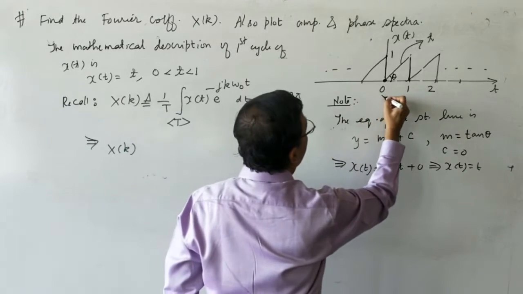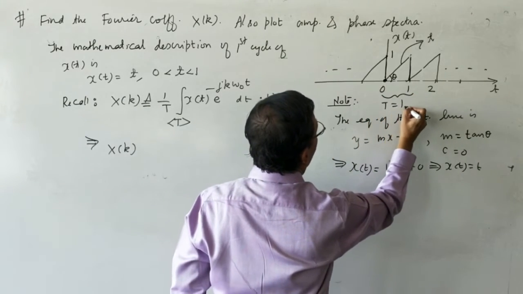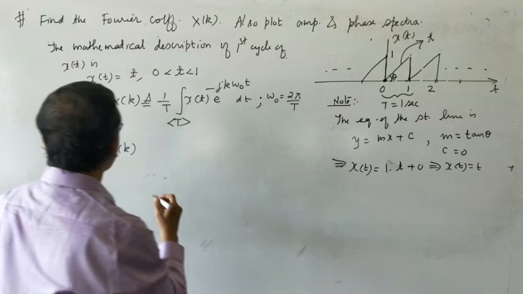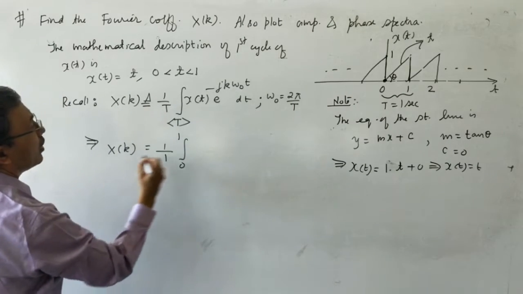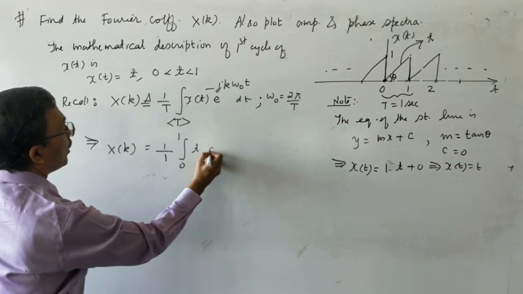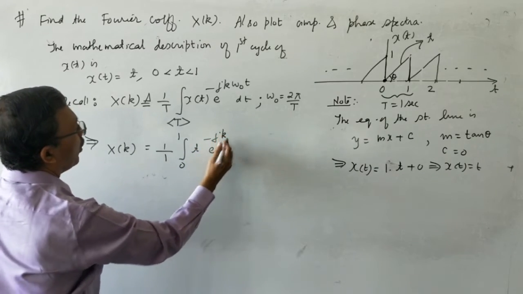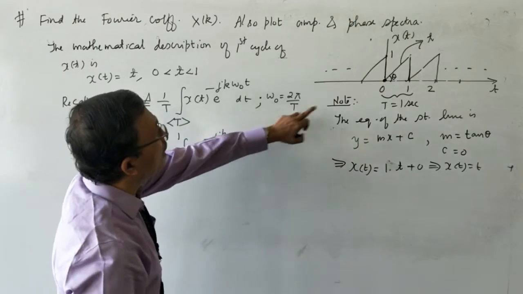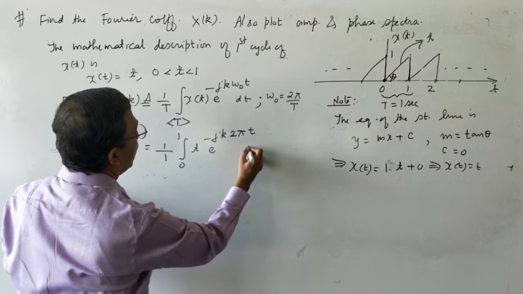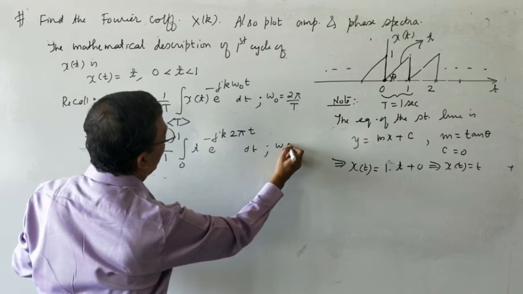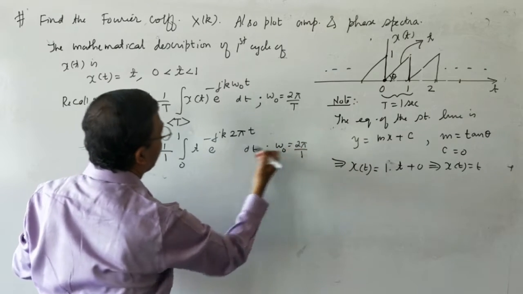T is 1 second. So it is 1 over 1 integration from 0 to 1. X of t is t. E to the power minus jk omega naught t, and omega naught is 2 pi by T. T is 1 second, therefore omega naught is 2 pi. Please note that omega naught is 2 pi by 1.